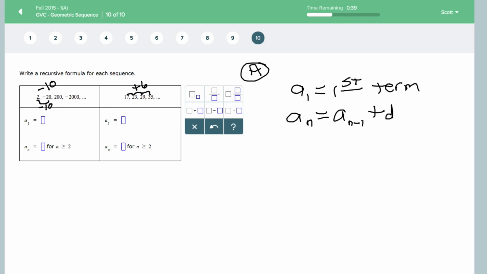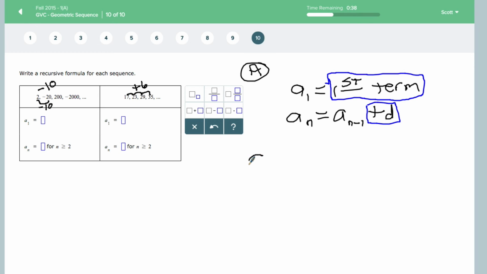Okay, and if you remember, this part right here, a sub n minus 1 just simply means the last term. Now there's only two parts that we need to change. We need to replace that with the actual first term and our common difference. That's all we need to worry about for arithmetic.